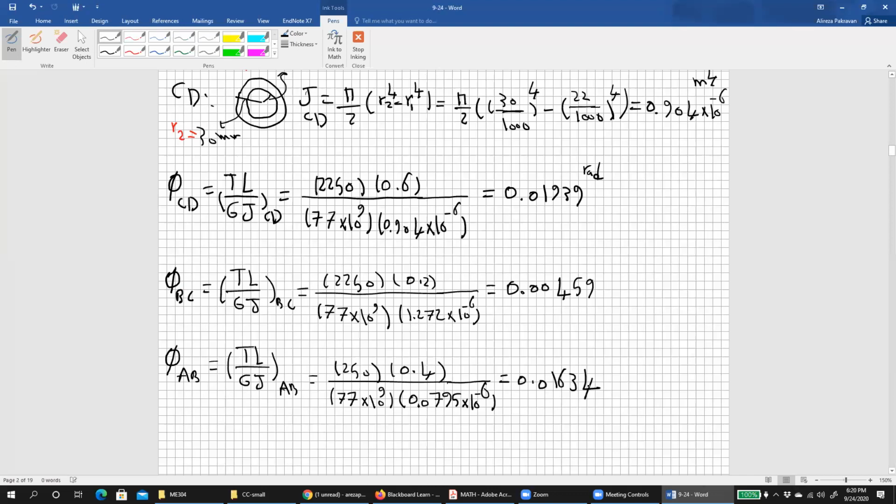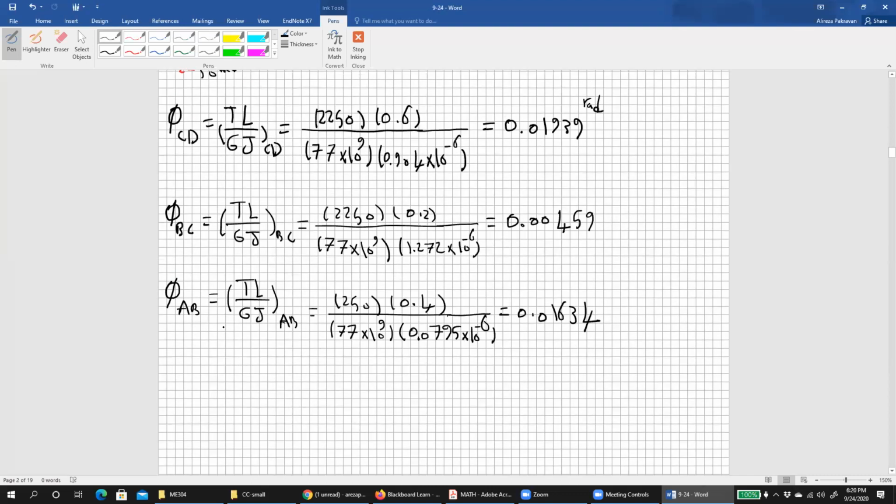Okay, lots of calculation, right? So we find the angle of twist in each segment, phi for A to B, B to C, C to D, and now the total angle of twist is the summation of the angle of twist for each segment, BC plus CD.